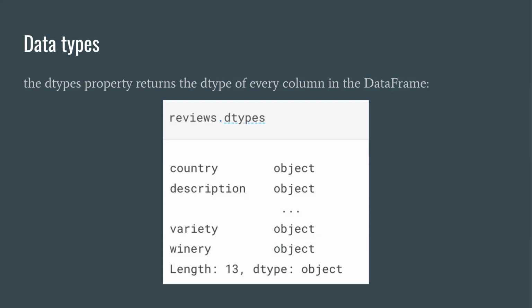One interesting thing to keep in mind is that columns consisting entirely of strings do not get their own type. They instead are given the object type. As you can see, country, description, variety, winery, they all get the type object.